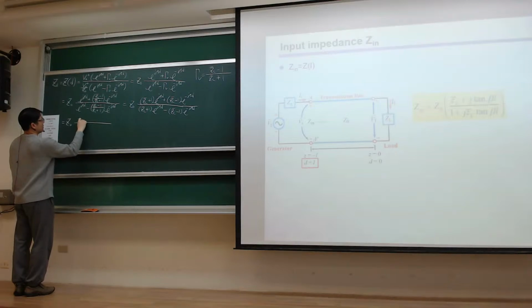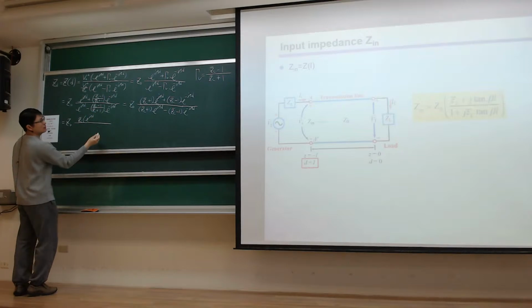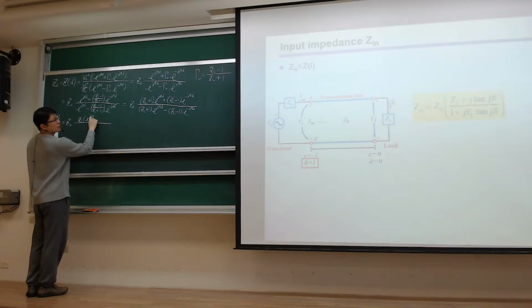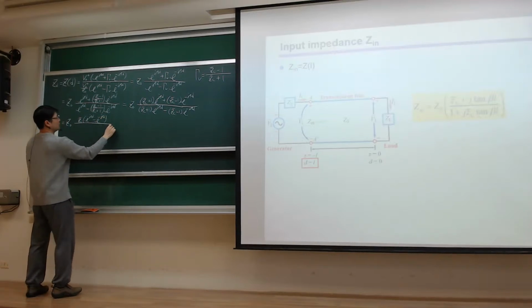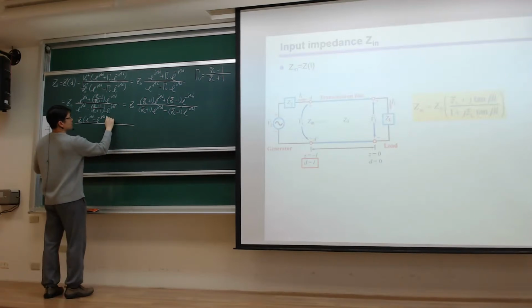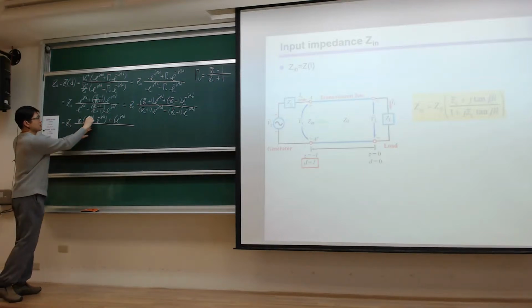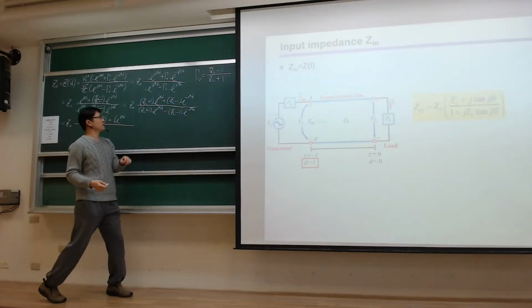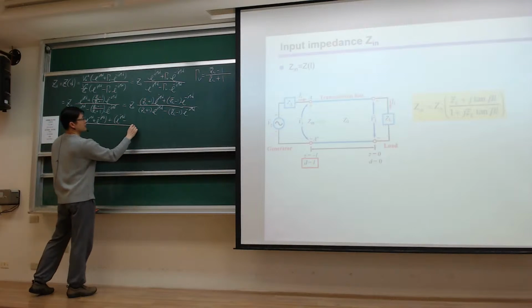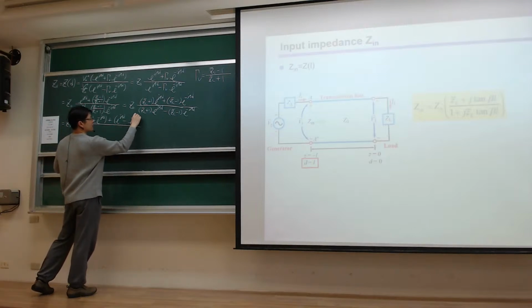So Z load normalized will have e^(jβd) minus e^(-jβd) and plus e^(jβd) plus, right, plus, okay, and minus e^(-jβd).